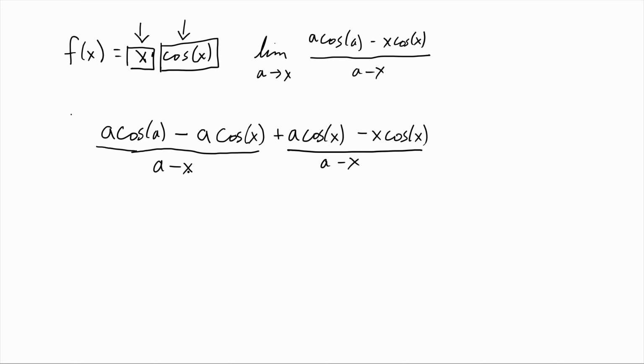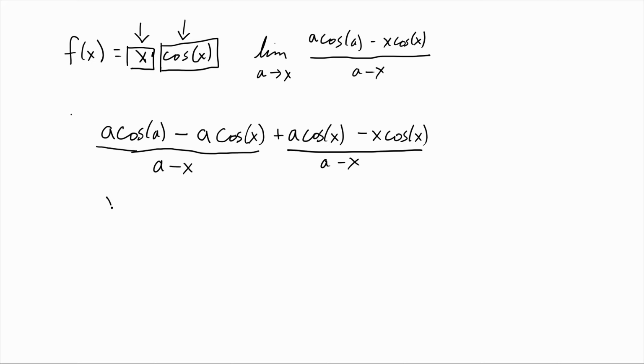In particular, a is the thing that's changing, but I see lots of a's now in the top. I would like to see as few a's as possible up here. So what I'm going to do is a switch. In this case, I'm going to switch a and x. I should get the same limit from what we just described. So if I did that, what would we get?